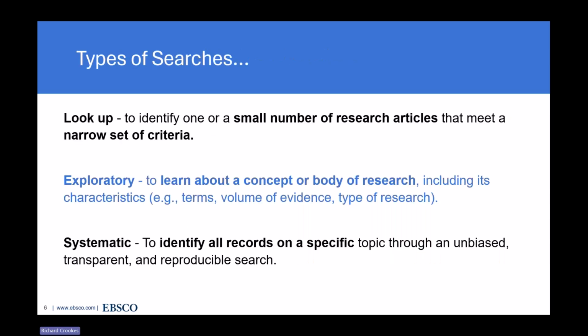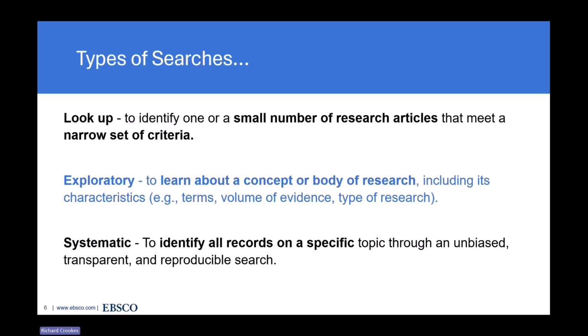And on top of that, we have to consider the type of search we're going to conduct. And I've kind of indicated that already. It could be a simple lookup to identify one or a small number of research articles that meet a narrow set of criteria. So it could be in relation to retrieval of specific facts. It could be related to incidence or prevalence of diseases, for example, or it could be in response to a specific research question. It could be exploratory.